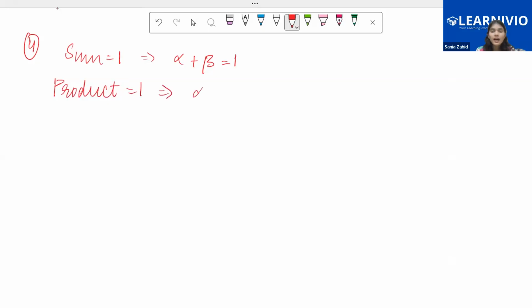That means alpha into beta is also 1. Now alpha into beta is 1, that means, Umair, alpha is 1 by beta. Right? You understand this? Now if I put the value of alpha as 1 by beta in this equation, what do I get? 1 by beta plus beta gives you 1.